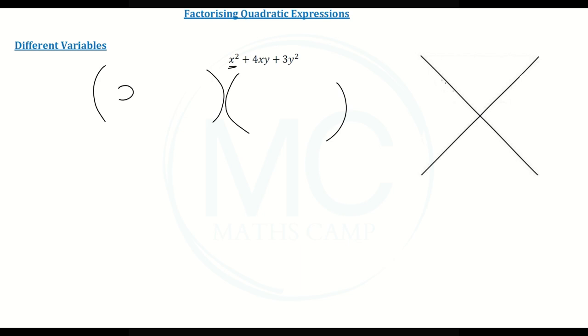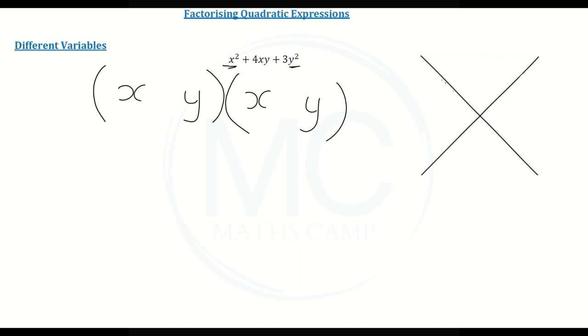So we'll have x in the first term of the first bracket, and the first term of the second bracket. The variable in the third term is y squared, and the square root of y squared is y. So we can put y in the second term of the first bracket, and in the second term of the second bracket.